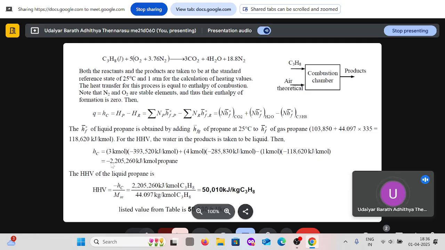So we get minus 2,205,260 kilojoule per kilomole. The higher heating value of the liquid propane is Q divided by the molar mass, so it gives you 50,010 kilojoule per kg.